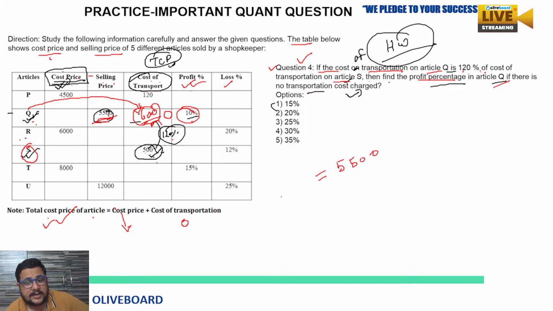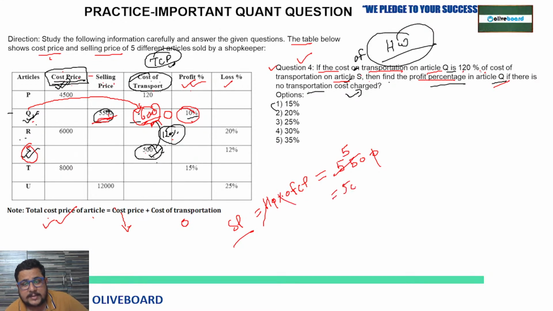So we can get the cost price from here, because 110% of the cost price will be equal to the selling price. 10% profit is there. Are you getting my point? So 110%, 0 and 0 cancel, by 11 you can cancel this 5 times, so it will become 50. Then remove the percentage and multiply by 100 on this side, so it will become 5,000. So the cost price is actually 5,000.